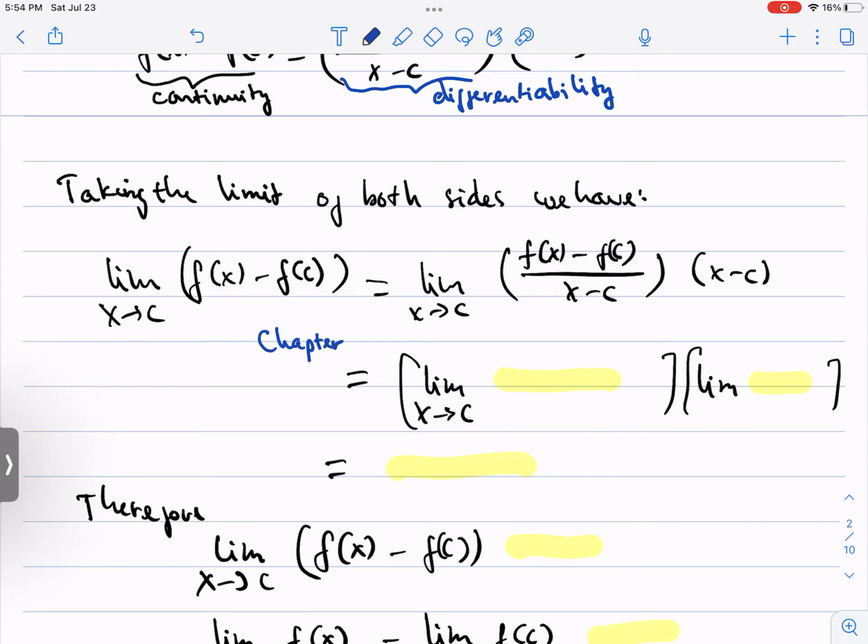The equality here follows from the theory we developed in chapter 4: the limit of the product is essentially equal to the product of limits. So we have the limit of f of x minus f of c divided by x minus c, and then the limit as x approaches c of x minus c.